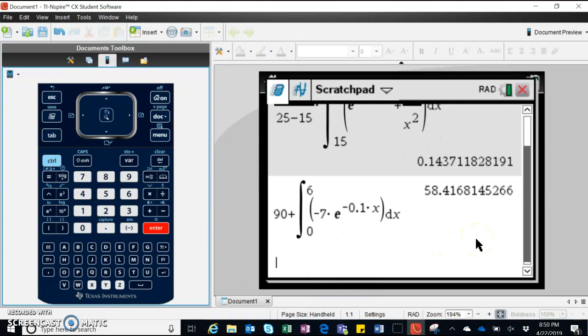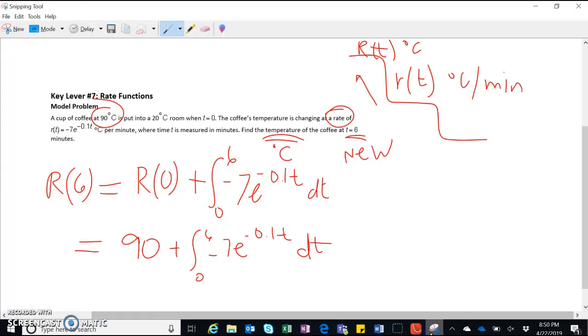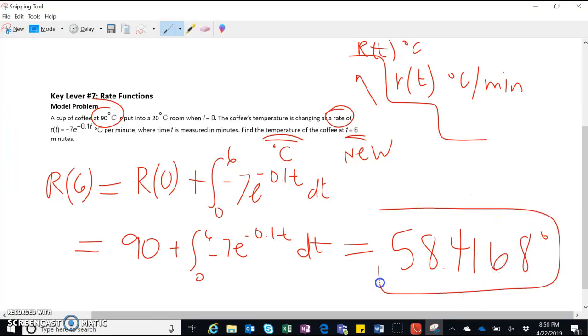And my temperature of coffee is now 58.4168 degrees. Let's go record that. And we've got our final answer.